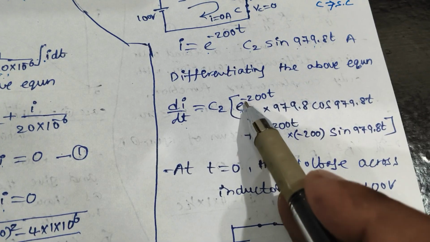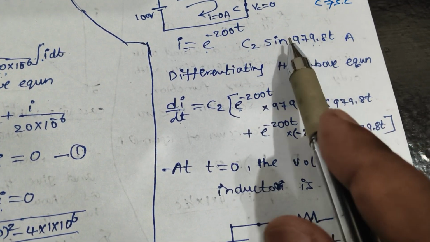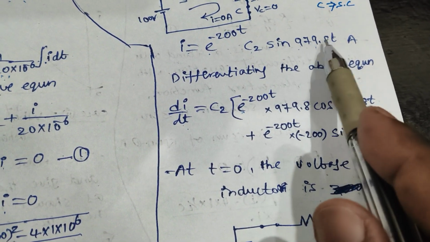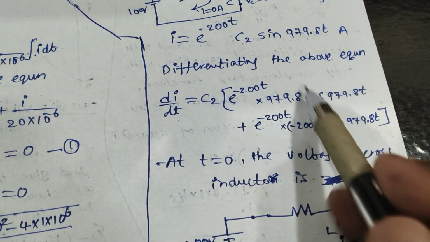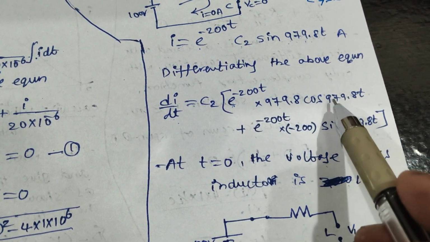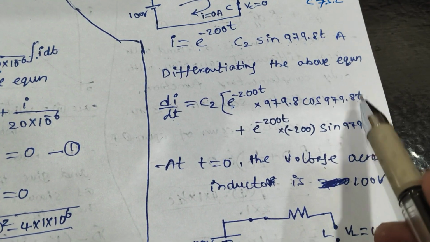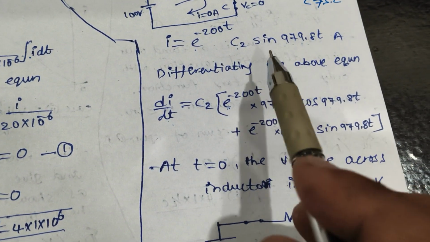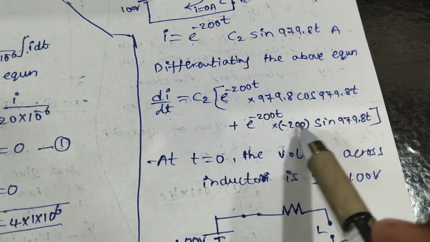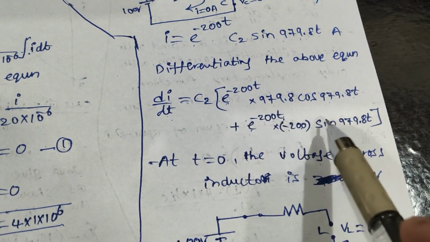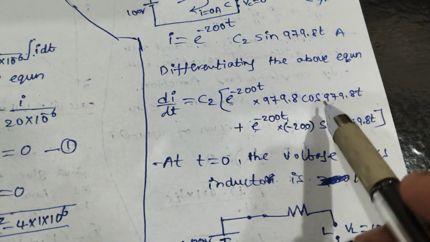U is as it is, e power minus 200 into t, and the differentiation of sine 979.8 t is the t coefficient, 979.8, into cos 979.8 into t, plus the differentiation of the first term, so minus 200 into e power minus 200 into t, with the second term as it is.